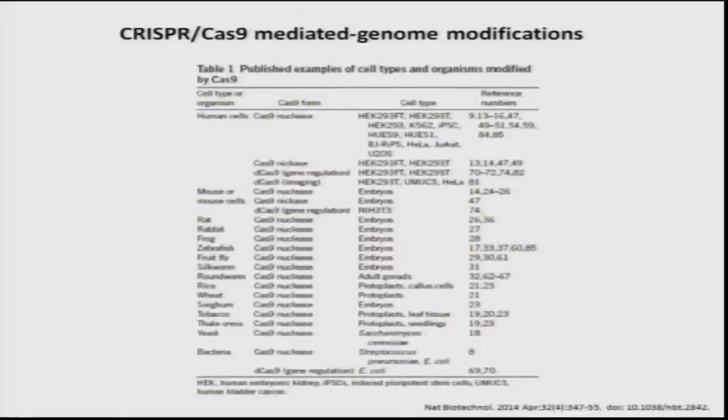So, this CRISPR-Cas9 has become so powerful that within a few years of introducing the system, you will find its application everywhere. This is one of the papers that came about 2 years back, which talks about right from human cells to, you can see a few examples here, mouse, rat, rabbit, frog, zebrafish and whatnot, from plants to bacterium to yeast, you are able to edit the genome the way you want.